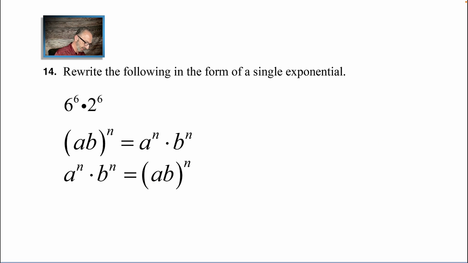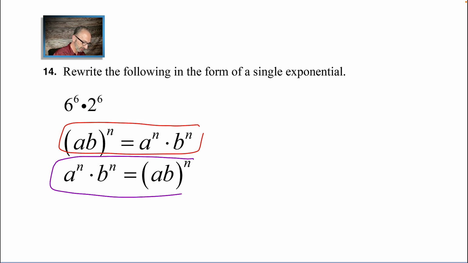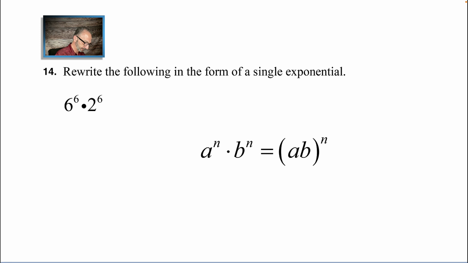Now, that's the formula. But writing it the other way around, that is this right here. And that's what I'm going to use for my problem. So I'm using it backwards. Meaning, that is like 6 to the power 6 multiplied by 2 to the power 6.